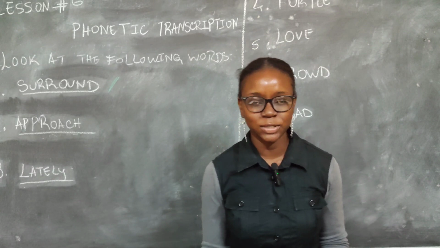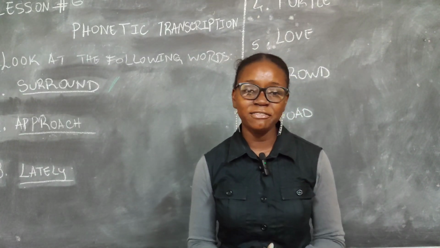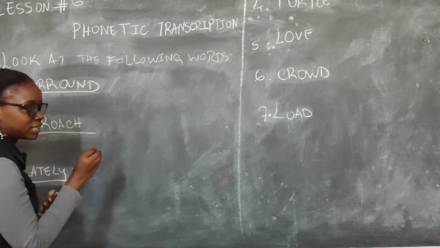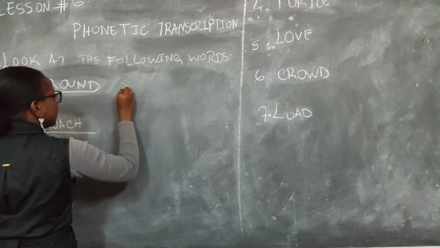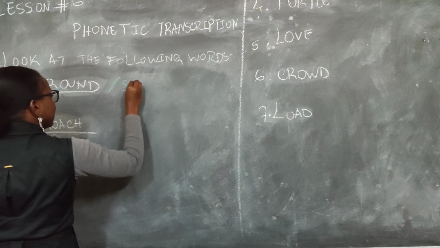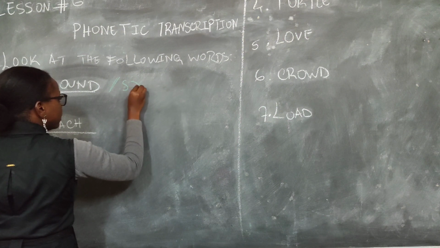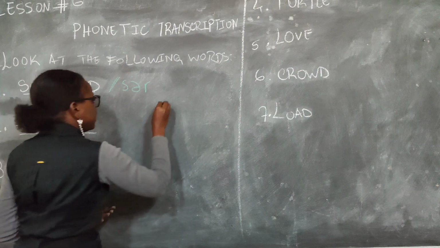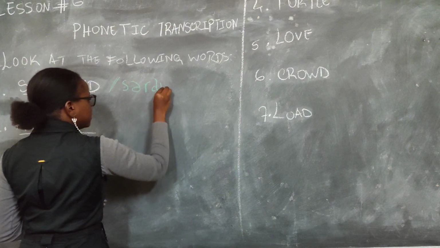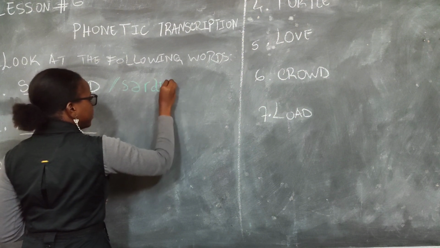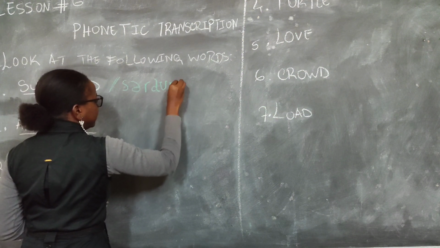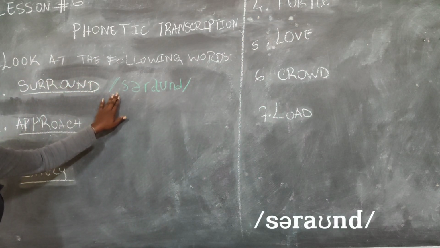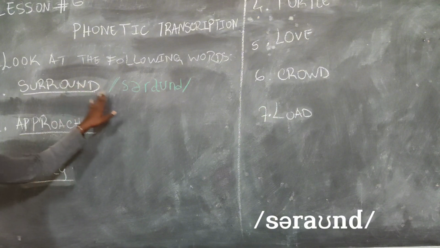We managed to identify every sound of the word. So let's represent it. We've seen in that lesson how S is represented. And then we find schwa, and then R, surround, the diphthong ow, N, and D. So this is the phonetic transcription or representation of the word surround.